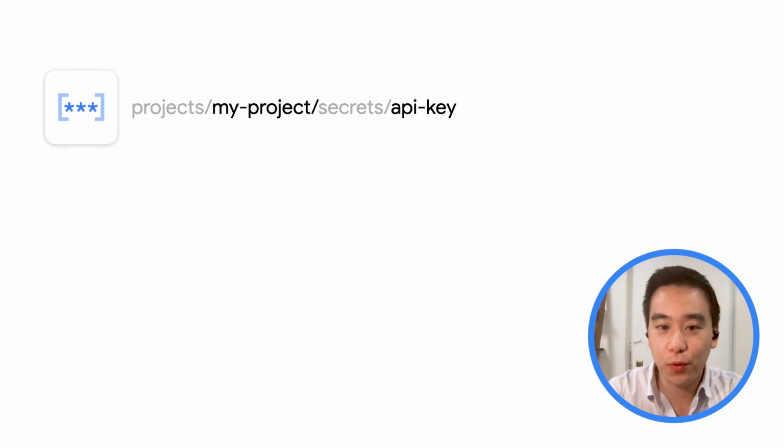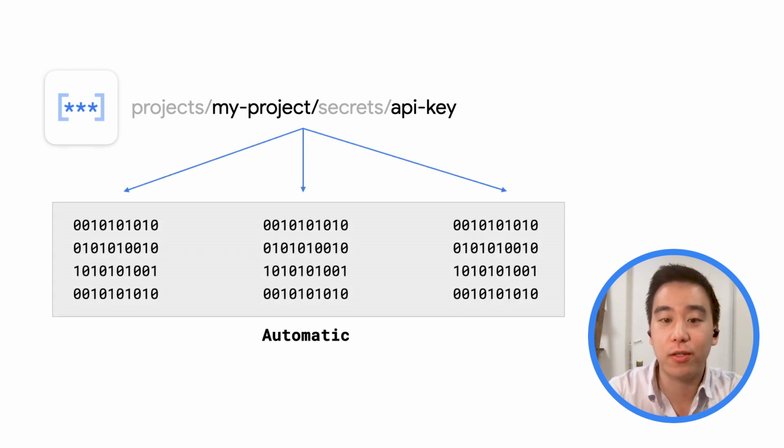Okay, Colin. Earlier, I was telling our viewers about data storage and regionalization of secrets. Could you tell us a little bit more about Secret Manager's replication policies? Sure, Seth. Replication policies offer control over where your secret payloads are stored. Some enterprises want full control over the regions in which their secrets are stored, while others don't have a preference.